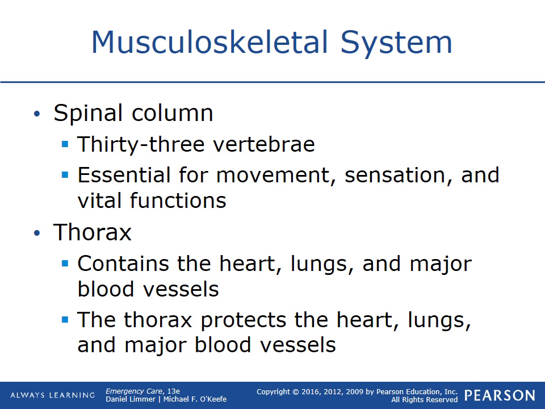There's 7 of them, which are the cervical bones, and then there's the middle bones, which are the thoracic bones, and there's 12 of those. And then you have the lower back bones, which is the lumbar spine, and then the sacral spine, and then of course you have the tailbone.